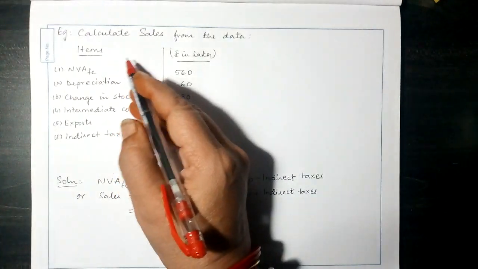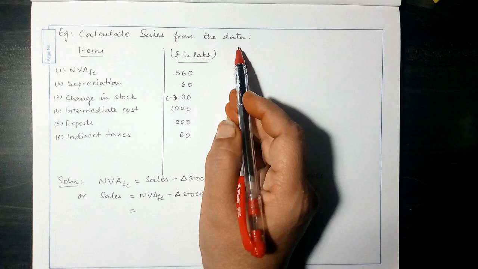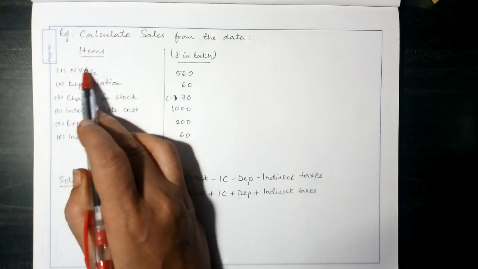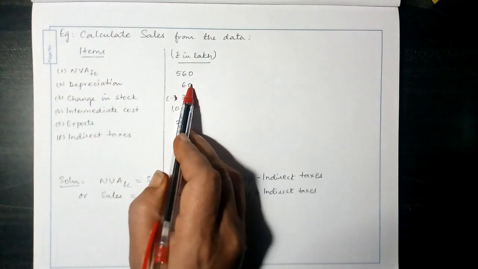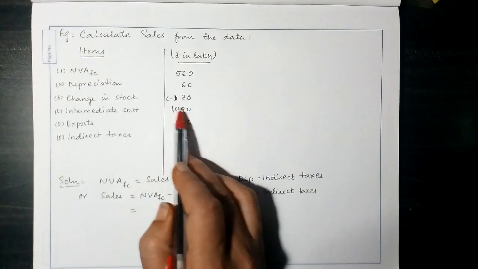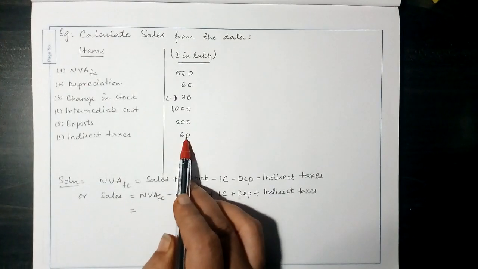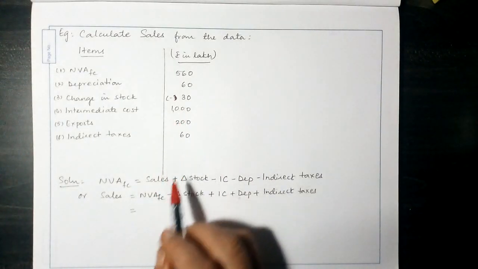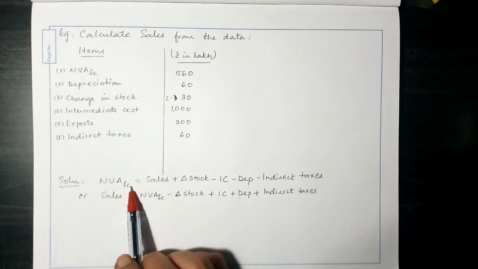Let's now solve a problem to understand this better. Calculate sales from the data. We are given net value added at factor cost, depreciation, change in stock, intermediate cost, exports and indirect taxes. Now, we should always remember how to calculate net value added at factor cost.